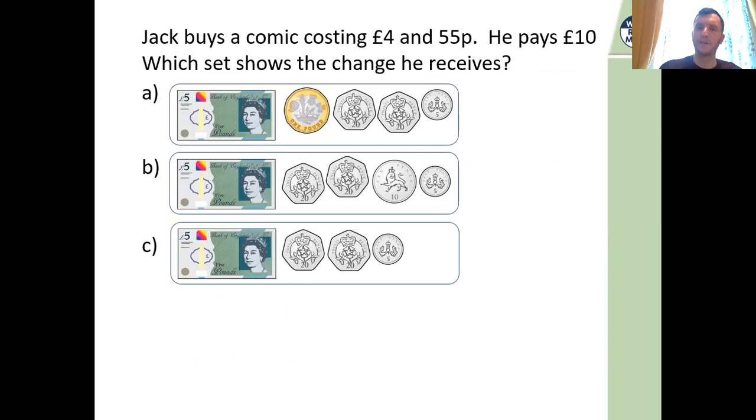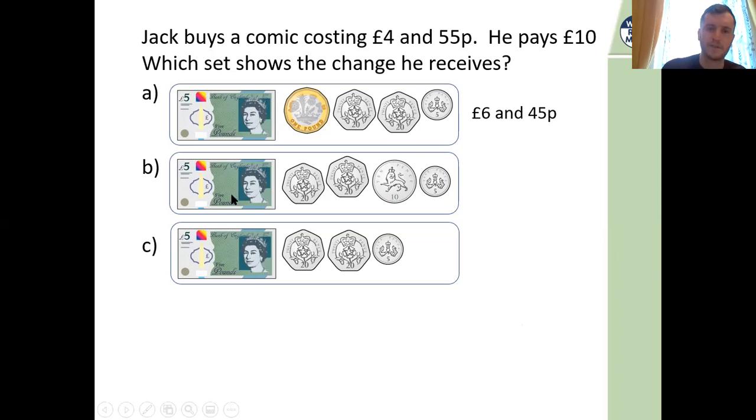Slightly trickier one for you to look at. Jack buys a comic costing £4 and 55 pence. He pays with £10. Which set shows the change he receives? Let's first of all work out how much money in each set. So here there's £5, £6, 20, 40, 5. £6 and 45.